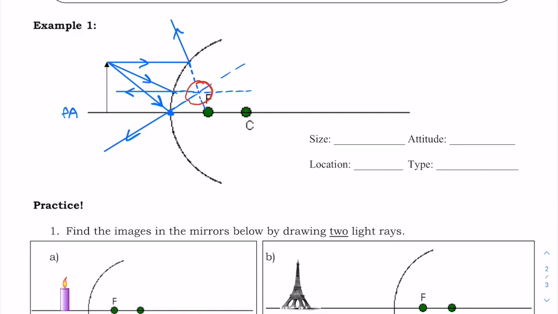So let me draw the image. Okay, so the red arrow is supposed to represent the image. Let's quantify this now using the SALT acronym. You can verify with a ruler, but the size of the image is in fact smaller.